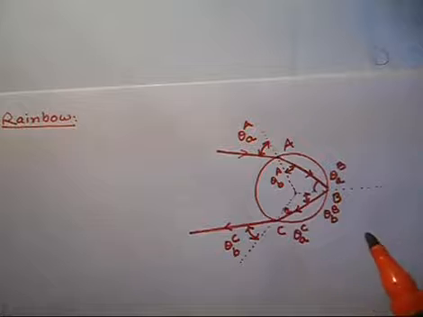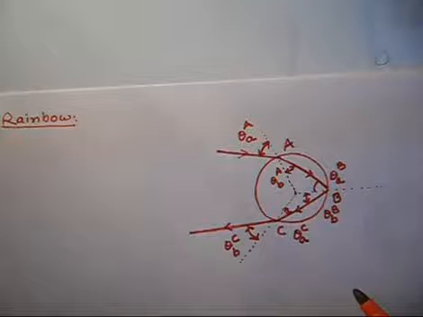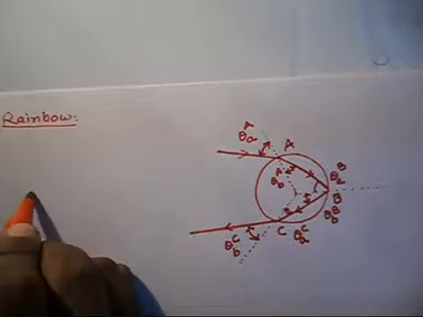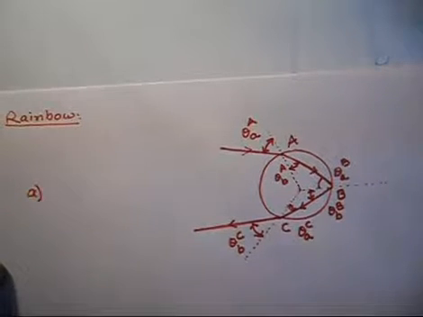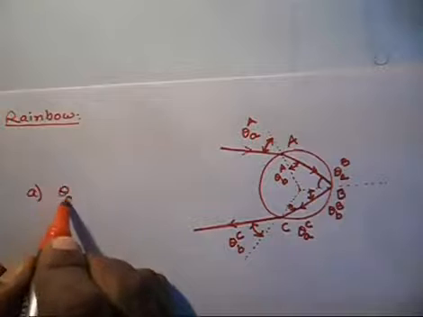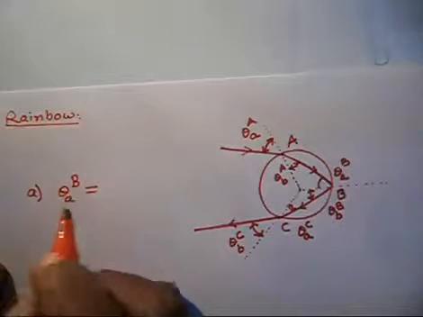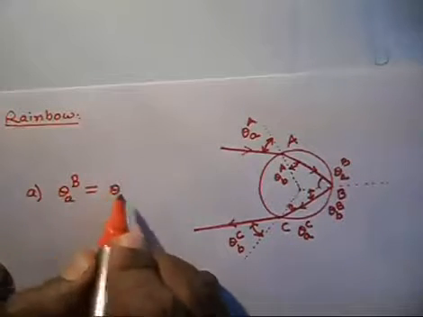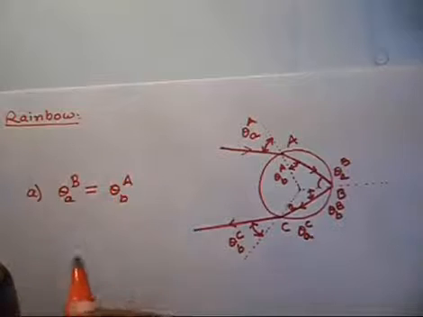The angles of incidence and refraction, theta A and theta B, are shown at points A, B, C. And the angles of incidence and reflection, theta A and theta B, are shown at point B, so that you have to prove the first point, that theta A at B is the same as theta B at A. This is the first thing.